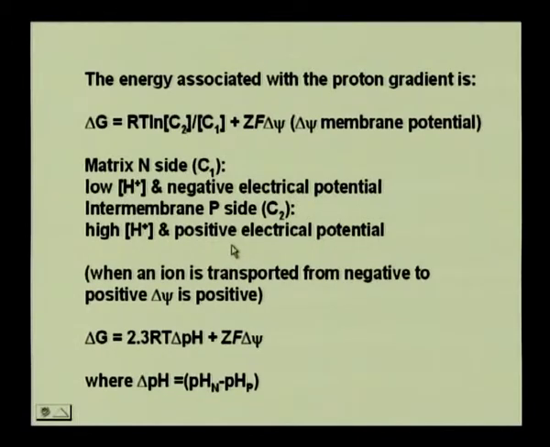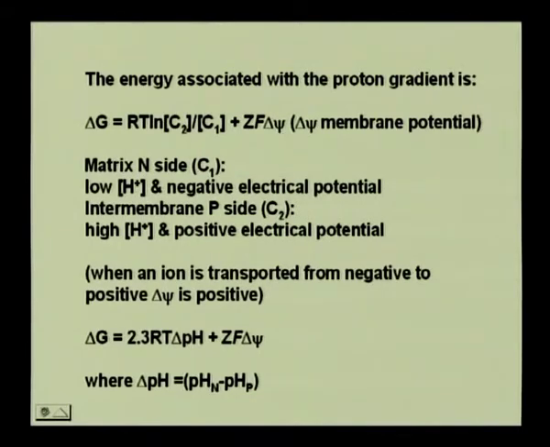So, when you are looking at the delta G values, you have an RT ln. What is your product in this case? It is going to the intermembrane side. So, it is C2 by C1. You have a ZF delta psi, which is nothing but your nFE.